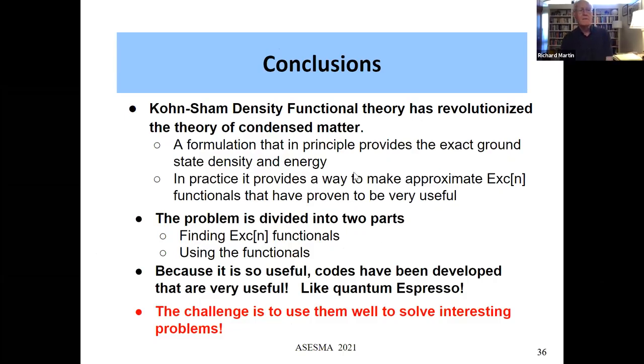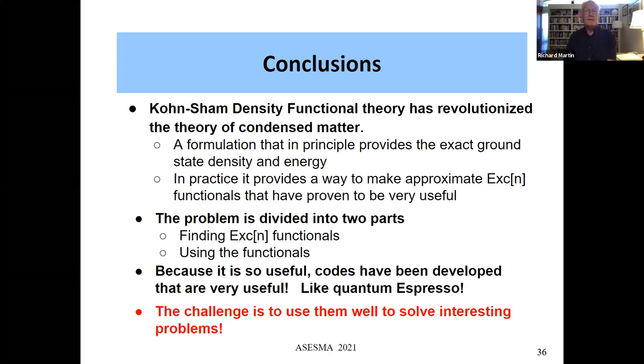So conclusions. The Kohn-Sham density functional theory has revolutionized the theory of condensed matter. It's possible to do quantitative calculations for many properties. It's not everything. One has to be very careful to be sure what one is doing, but it's exceedingly useful.